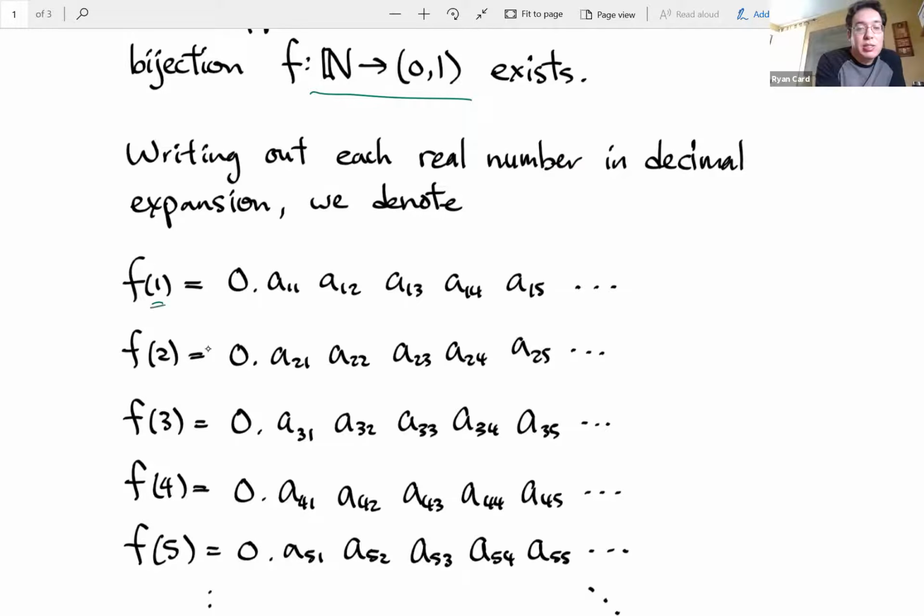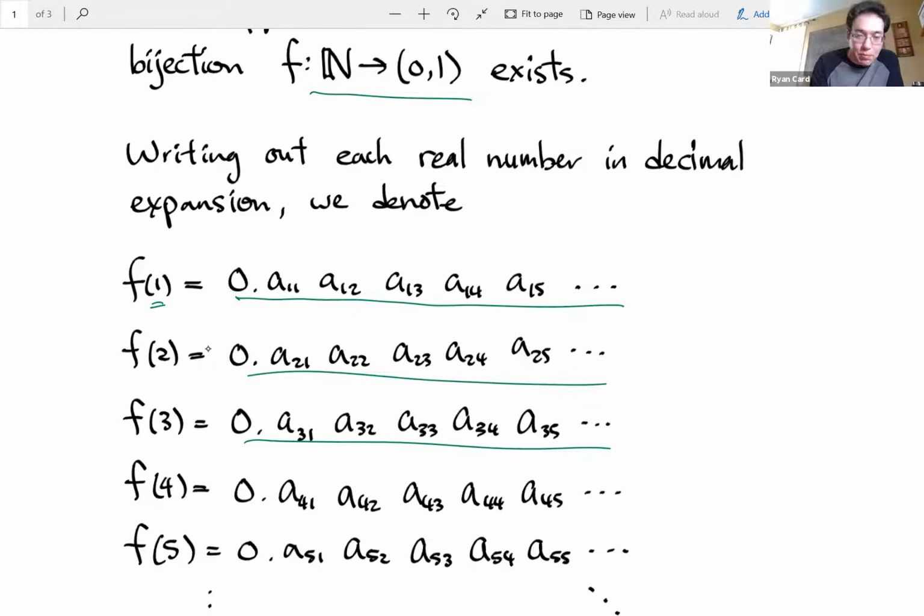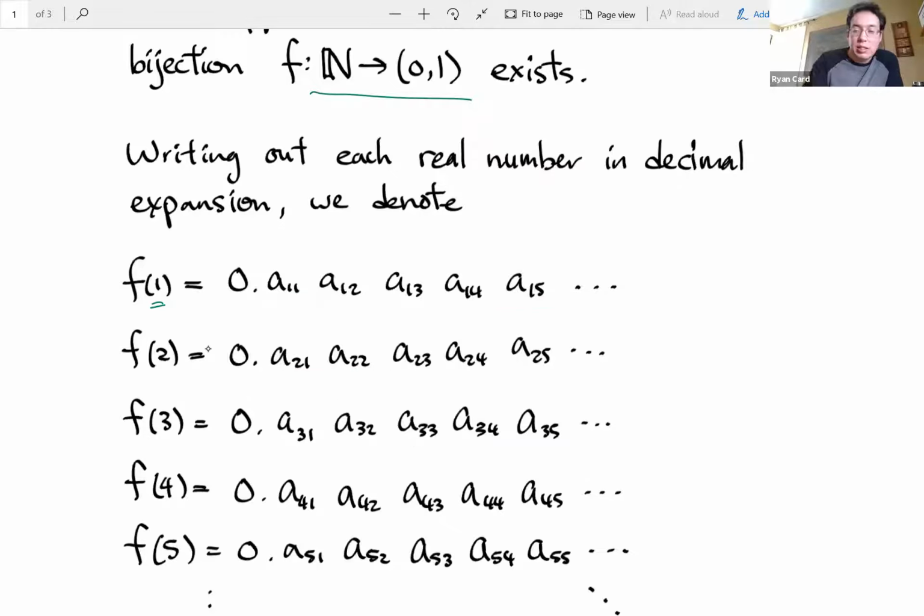So this is the real number that 1 gets mapped to, and then 2 and 3 and so on. If this is a bijection, this is a list of all possible real numbers between 0 and 1.